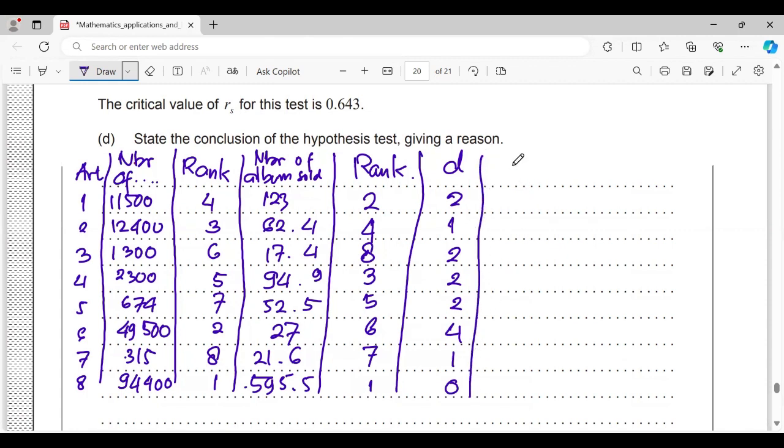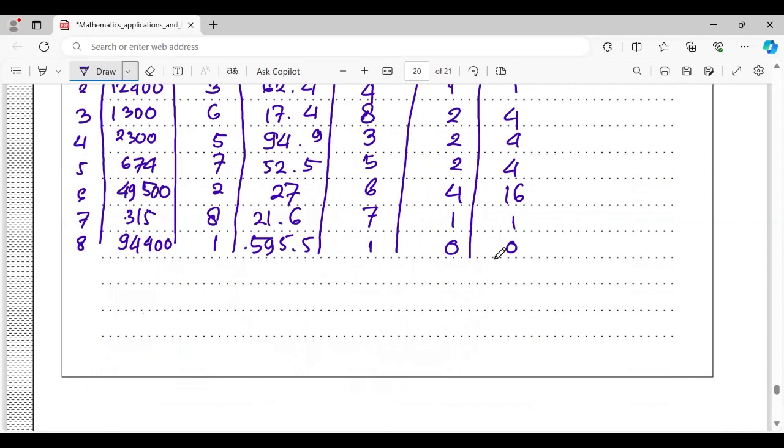After that, the distance squared: 4, 1, 4, 4, 4, 16, 1, 0. And the sum is 34.